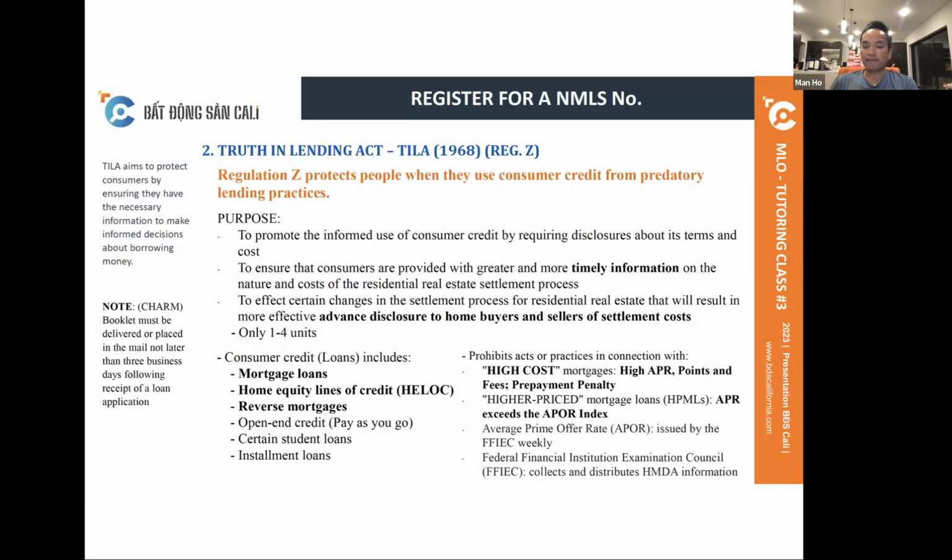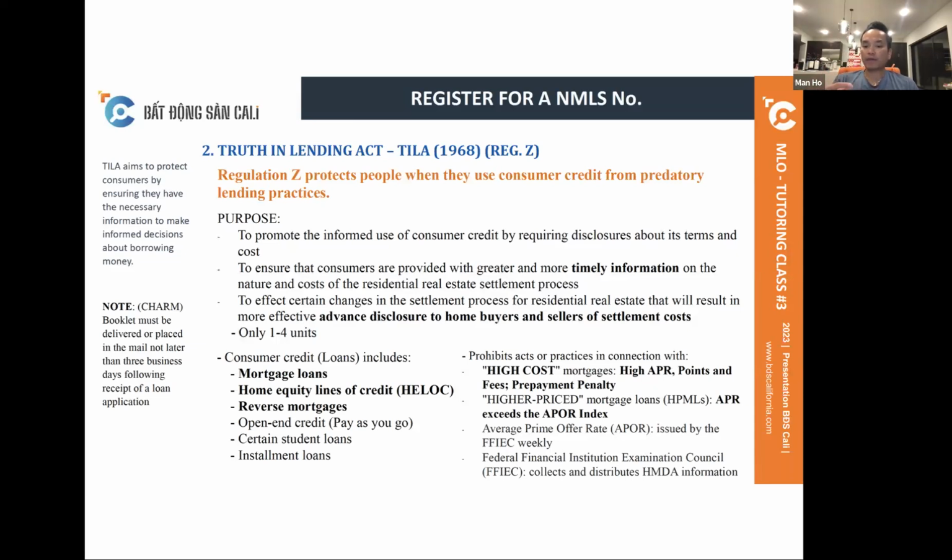Okay, APOR stands for average prime offer rate. Okay, so they take all the rates and average them out and give you that index. Okay, and that index is a standard. If you're above that index, it's called higher priced. Okay, and this APOR index is issued by the FFIEC weekly, every week.